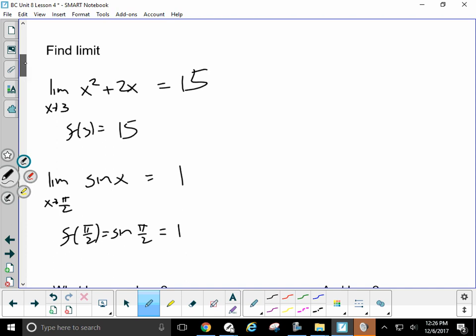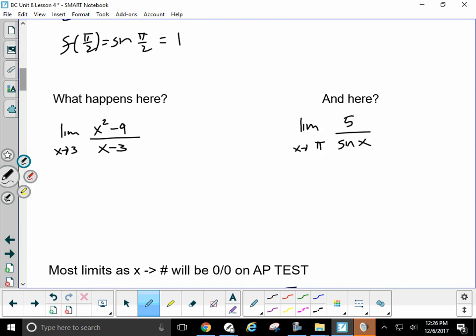Okay? But let's look at these two. If I tried to find the function value for this one at 3, I would get 0 over 0. Now, we should remember from Unit 1, I talked about if our function has a 0 over 0, this is an indication that there is a hole.